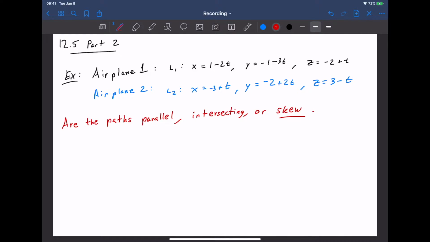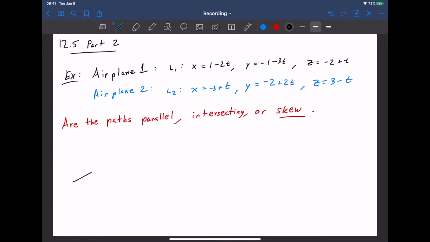Now, skew is a new word, probably for a lot of you. In 2D land, there are only ever parallel lines and intersecting lines. Because there's so much more room, quote unquote, because there's a whole other dimension, it's possible two lines might not be parallel and might not intersect.